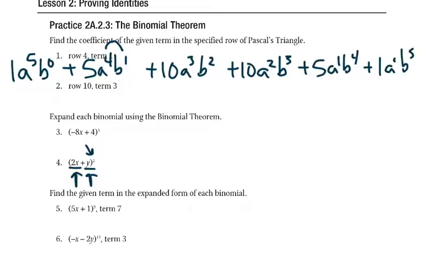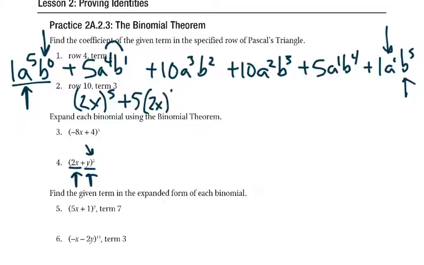Okay, now I know that a to the 0 is 1, so I can basically get rid of that. Same with b to the 0. So really in the first term, all I need to focus on is a to the 5th. In the last, b to the 5th. Alright, so we can just reduce that one to a to the 5th and b to the 5th. So a would be 2x, so I'd go 2x to the 5th plus 5, 2x to the 4th.